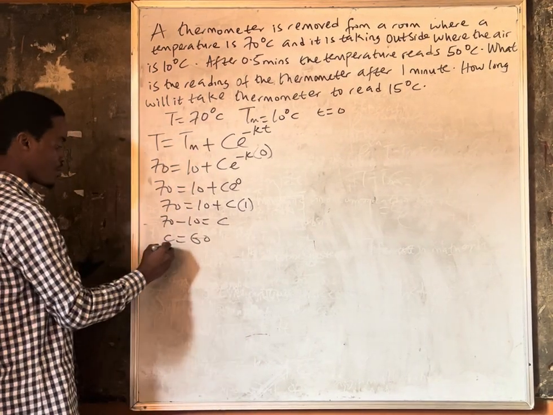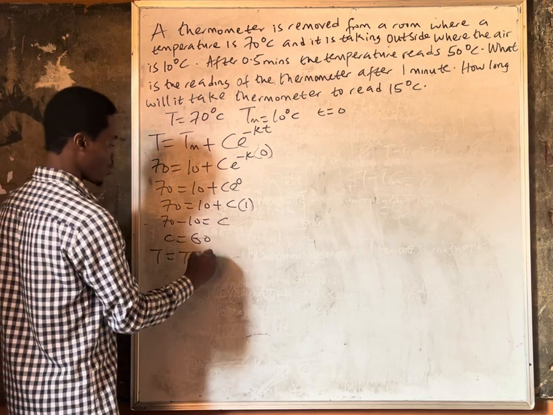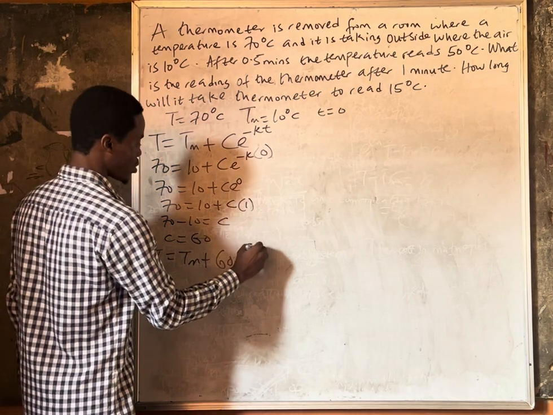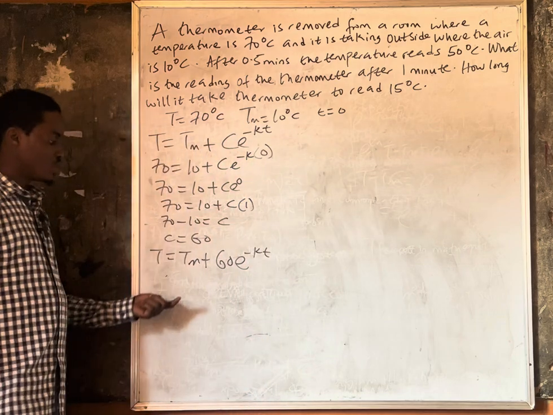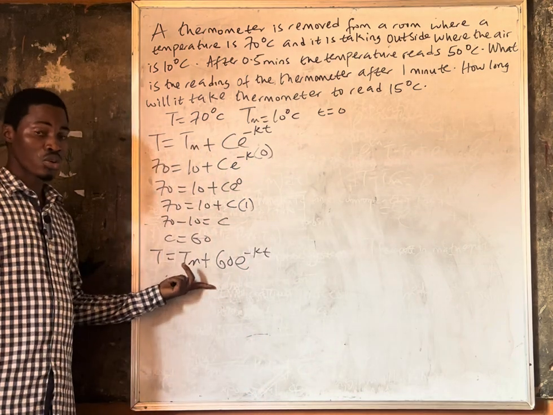So here we now have T is equal to Tm plus 60 exponential minus kt. This is the equation connecting them.